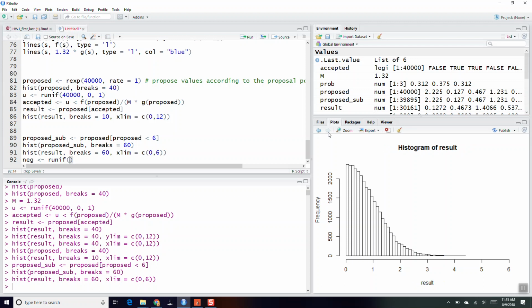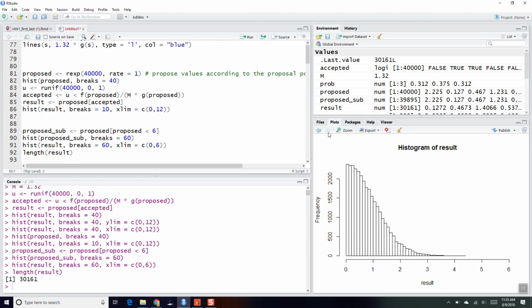Let's see, what is the length of result? Okay, so there's 30,161. We just have to randomly assign half of these. So we'll just say R unif length of the result, and if that value is less than 0.5, make it negative, okay?